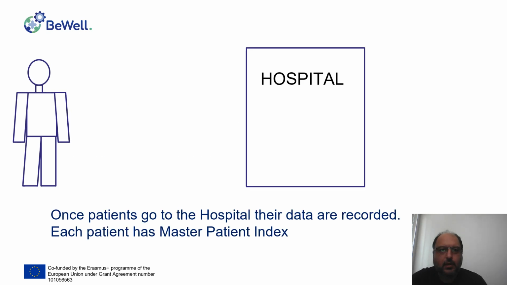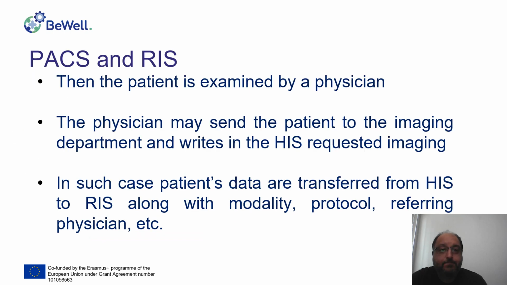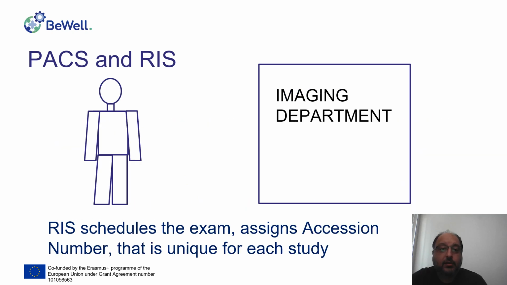So the patient goes to the hospital, the data are recorded, and each patient has the so-called master patient index. We spoke about this already. For the patient who is sent to the radiology department, the data are sent from the hospital information system to the radiology information system along with the modality, the protocol, the referring physician, and so on.